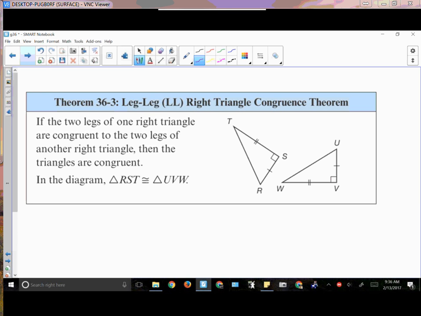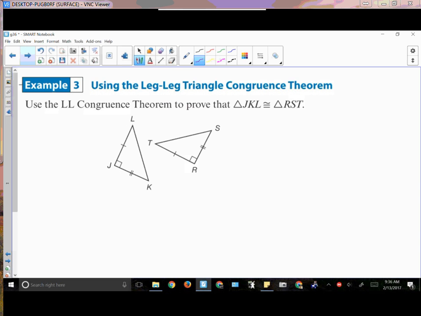All right, this one. This one goes through and identifies that if we have two legs that are congruent. Now again, remember, hypotenuse and legs, two different things. So, let's take a look at that. We have here, again, we've got our right angles, so we know that angle J is going to be congruent to angle R. This is given of course.